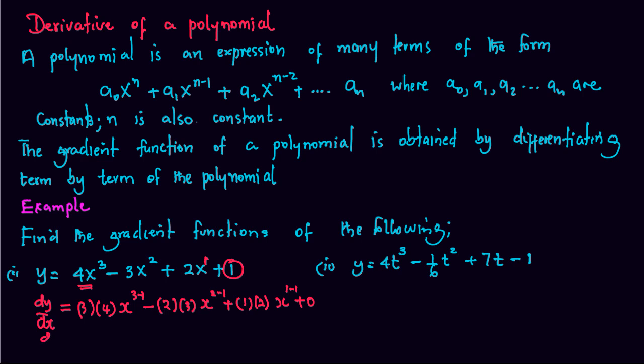This simplified gives us dy over dx is equal to 12x squared minus 6x plus 2 as the derivative function of the function y is equal to 4x cubed minus 3x squared plus 2x plus 1.